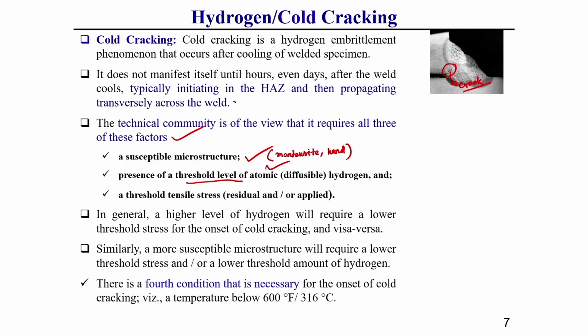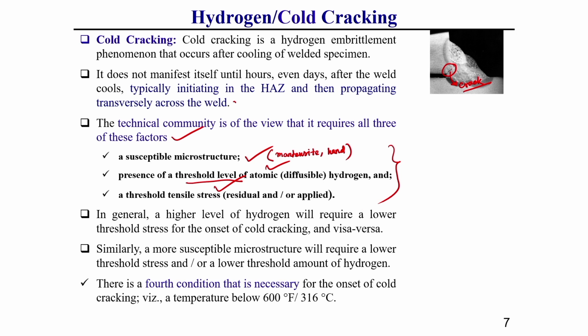And another thing, there should also be some minimum threshold tensile stress, or weld induced residual stress, which is tensile in nature. Or there can be some externally applied force also. So, these are the three important factors required to generate cold cracking. Why is it cold cracking?